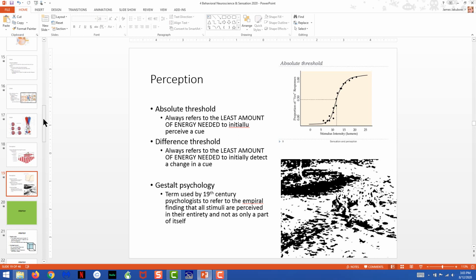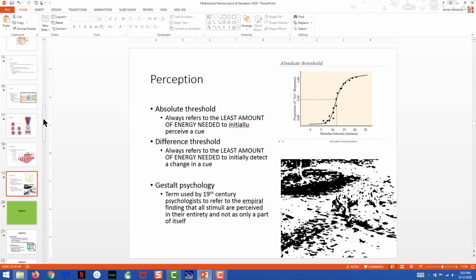Now that, of course, is interesting and it helps you understand the sensory system, but it doesn't play out very well in a practical sense because you're almost never in a scenario like that where there's absolutely no light and then you might detect some. You're more likely in a scenario of a difference threshold, which is the exact same story I just told you, except there's already some light in the environment.